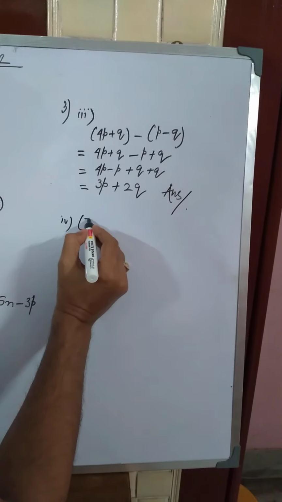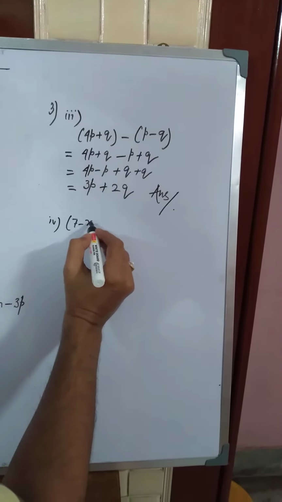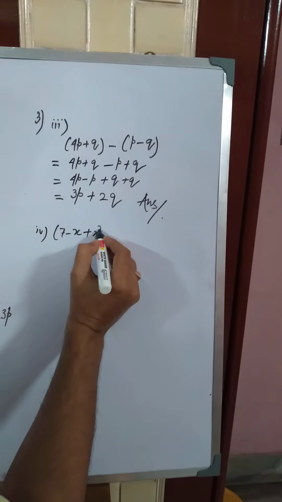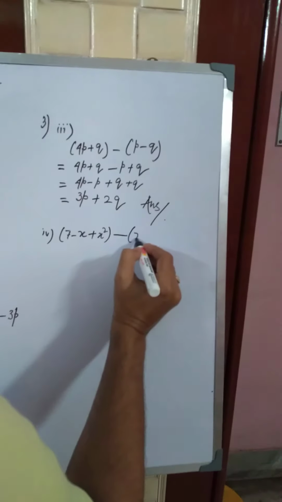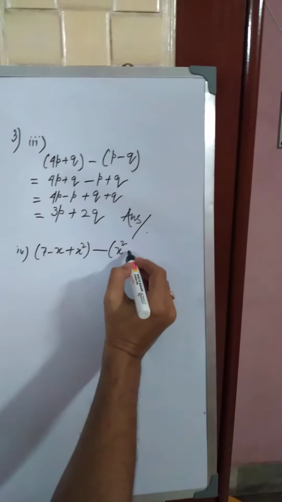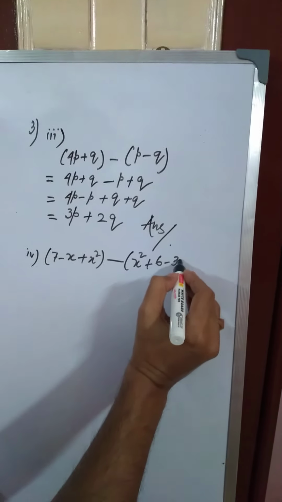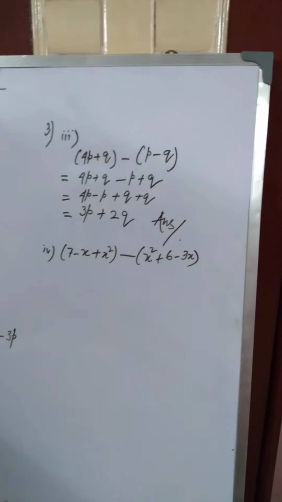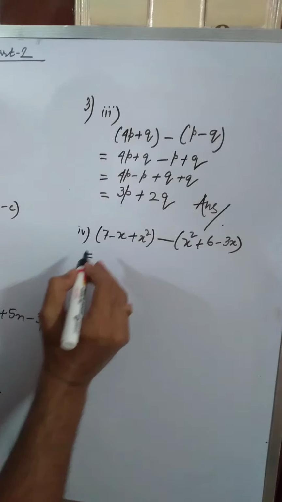The question is 7 minus x plus x square, bracket close, minus within bracket x square plus 6 minus 3x. So here also what you have to do, first remove the bracket.